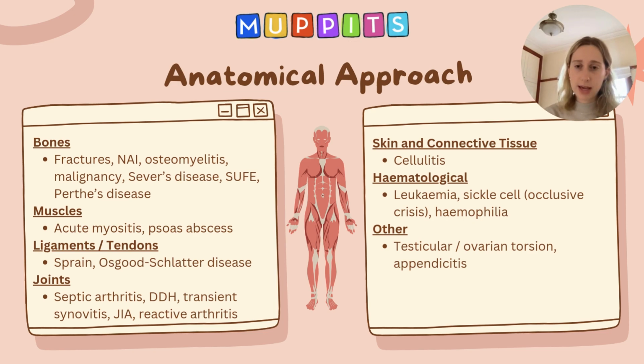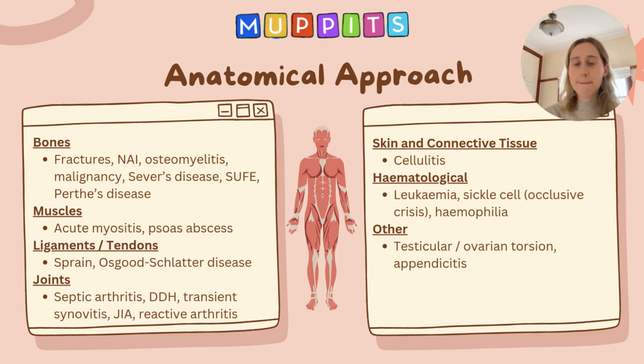So first of all, if we're thinking about bones, and some of these differentials we'll speak about more at the end and some are less relevant, but you can think of fractures, non-accidental injuries, very important, osteomyelitis, different types of malignancies of the bone, Sever's disease, which is inflammation of the apophysis of the calcaneus, a SUFI or a slipped upper femoral epiphysis, which we'll discuss further, and Perthes disease, which is avascular necrosis of the femoral head.